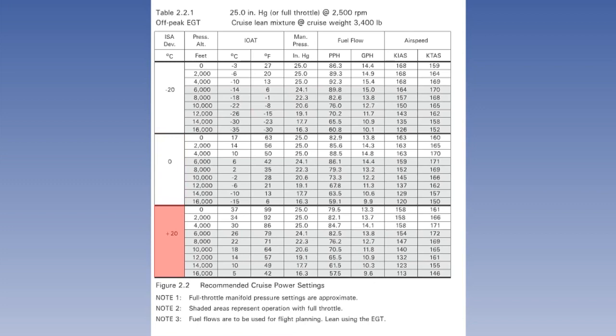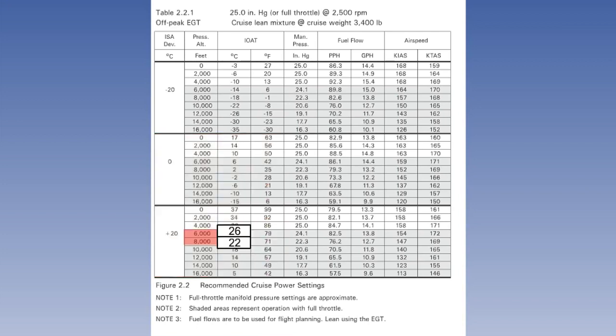Or, if the ISA deviation was plus 16, then use the plus 20 ISA deviation row. To interpolate for ISA deviations of 10, simply get the data for the ISA deviation of 0. Then get the data for the ISA deviation of 20. And then calculate the mean.